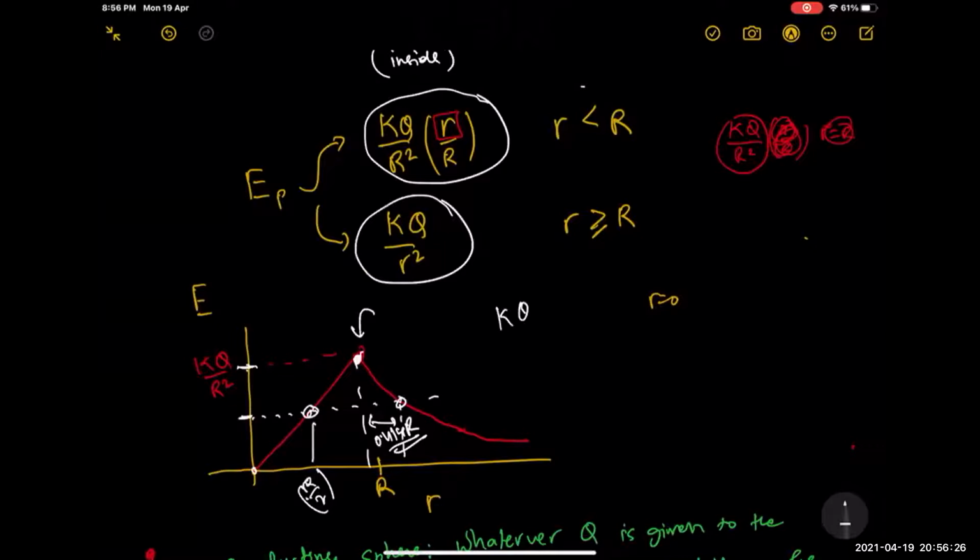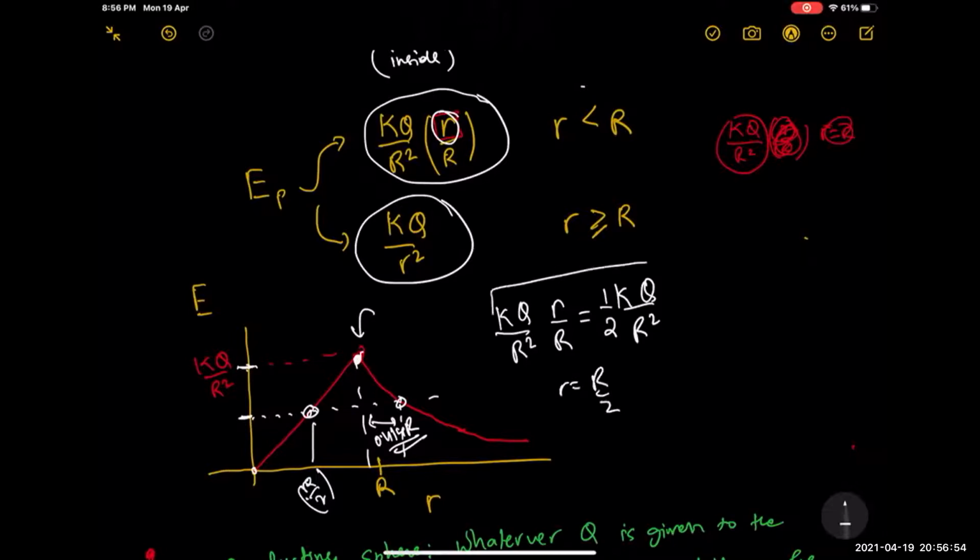So I'll do kQ by capital R cube into r. I want to find this r, right? It is equal to the electric field at the surface, kQ by R square, into half. Just solve it, you will get r is equal to half of R, because it is asked in the question. So you solve this, you will get r is equal to R by 2. Okay, so this is for the inside point.